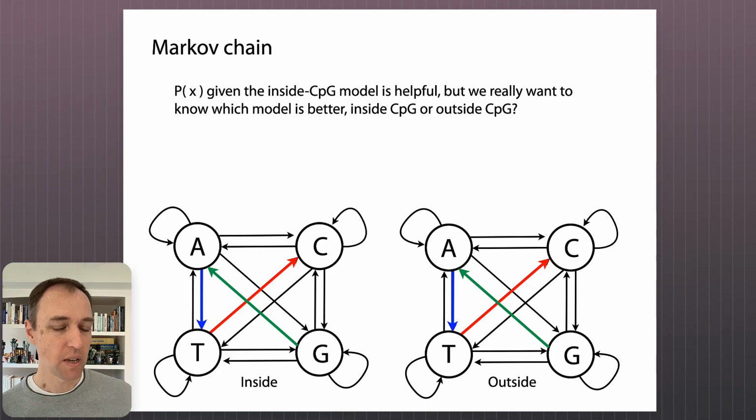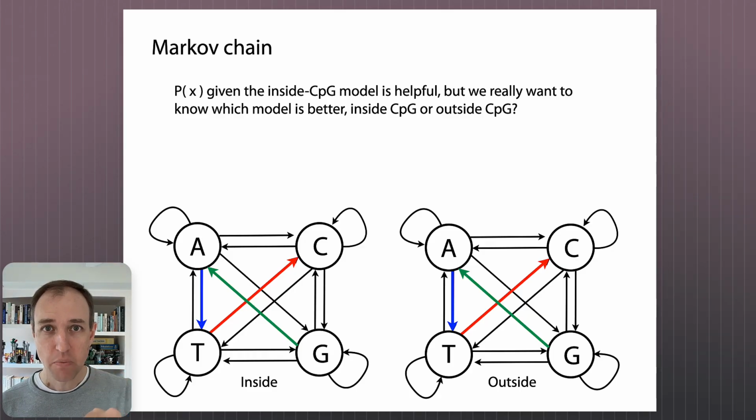So we've seen these 2 tables up until now. And so if we want to be able to come to a decision, if you give me a new sequence and I want to decide, does that sequence look like it came from inside or does it look like it came from outside? One strategy might be, I'm going to compute the joint probability of that sequence under the inside model.